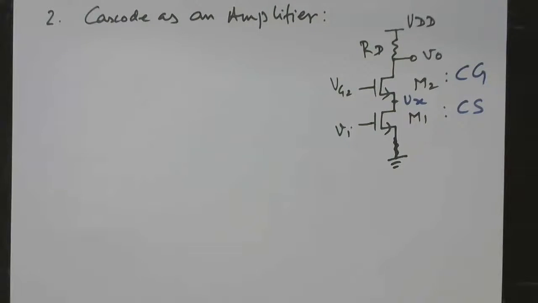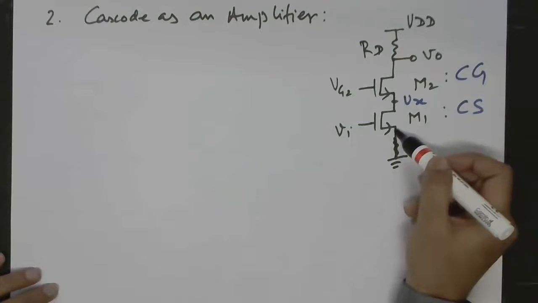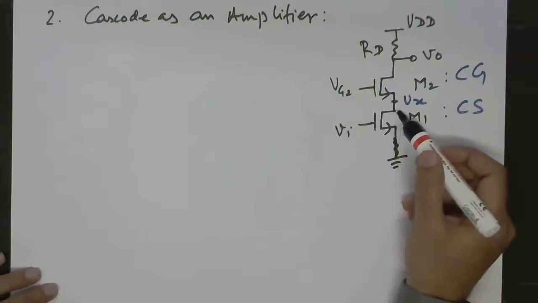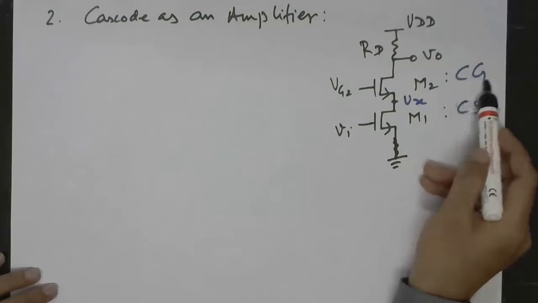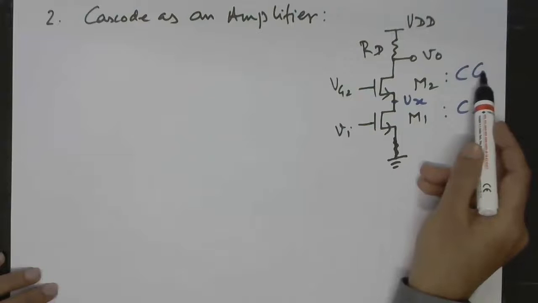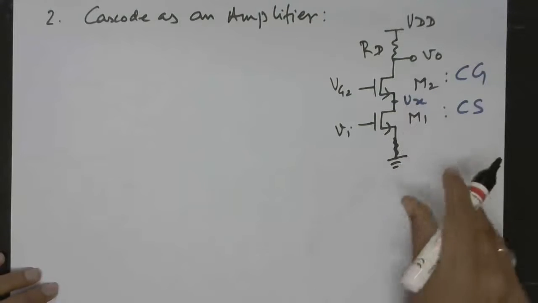So here what we have is two amplifiers that are cascaded. That means the output of one amplifier is fed to the input of the second amplifier, and output is taken from the usual output port of the second amplifier.